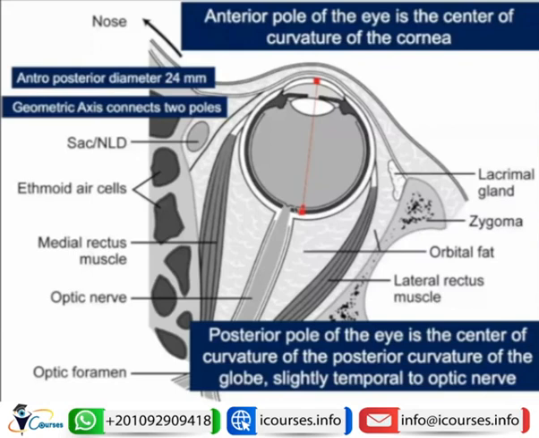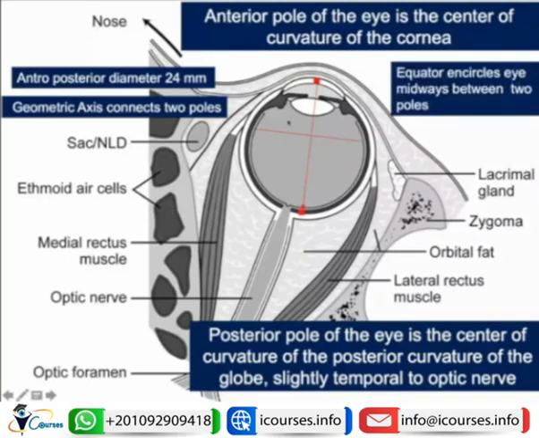The longer the eye, the more myopic, while the shorter the eye, the more hypermetropic. So this axial length will determine later on the refractive state of the eye, in addition to other refractive media such as the lens and the cornea, as we will mention in the optics.